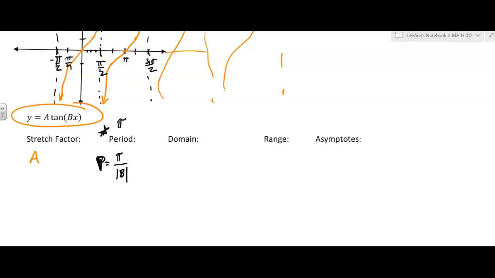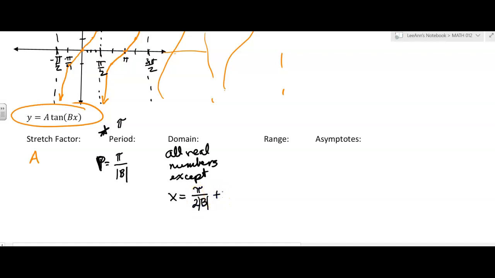There's a couple different ways you could do the notation, but we can say the domain is all real numbers except x cannot equal, now it's going to be pi over 2b, because that's going to affect your period, okay?